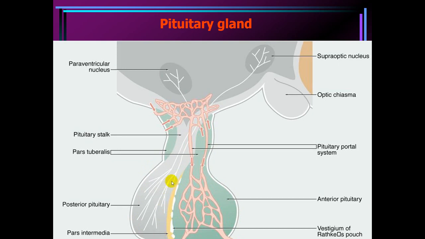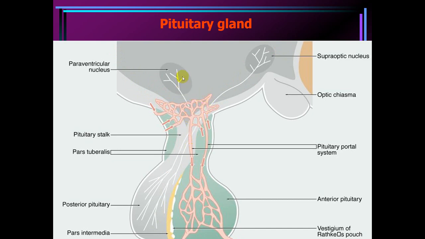Neurohypophysis has interrelations with the hypothalamus. This green is the hypothalamus. And between the neurohypophysis and hypothalamus forms the hypothalamo-hypophyseal tract.